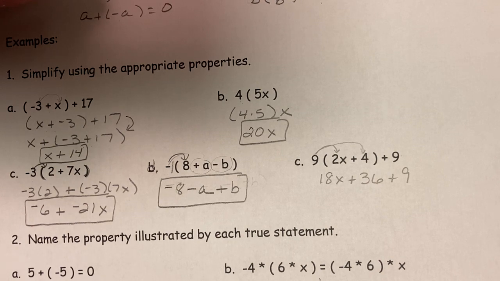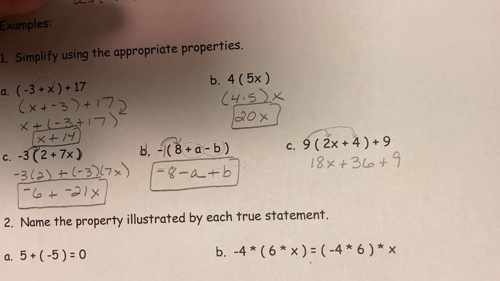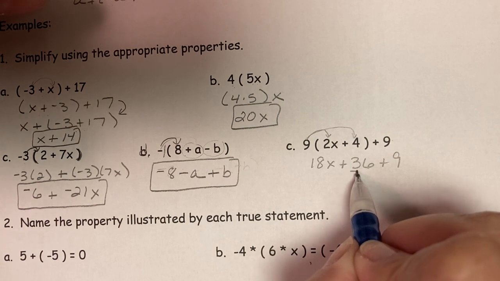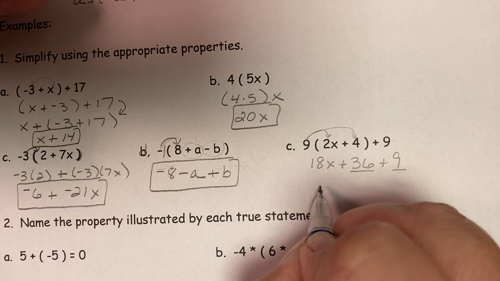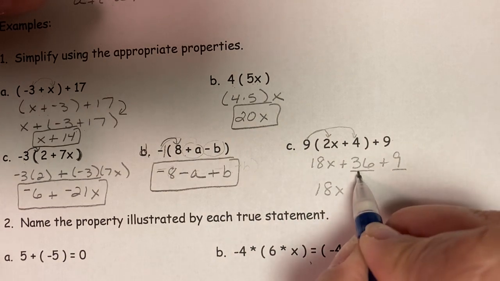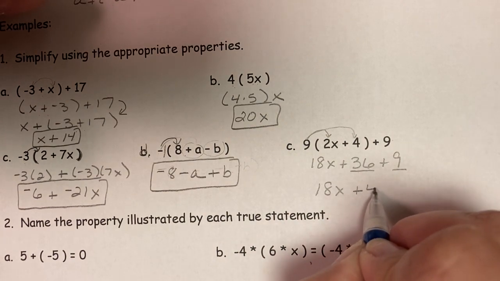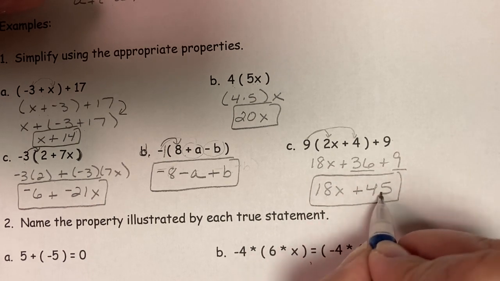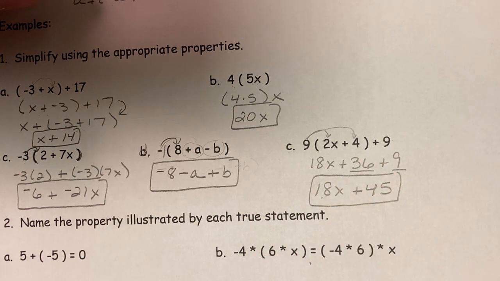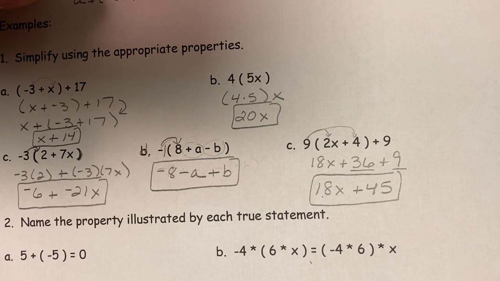Even though we haven't discussed like terms, which we will in the next chapter, hopefully you see that I can combine these two numbers. 18x, and 36 plus 9 gives +45. I cannot combine these two because this has an x and this doesn't. That has to do with like terms, which we are going to talk about in chapter 2.